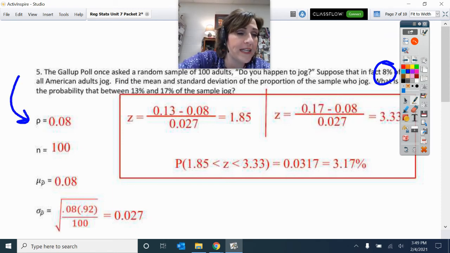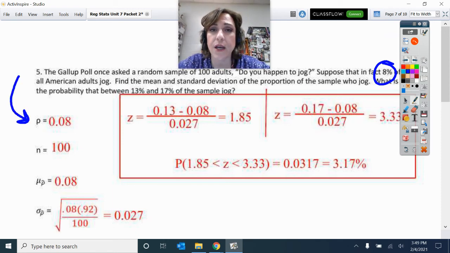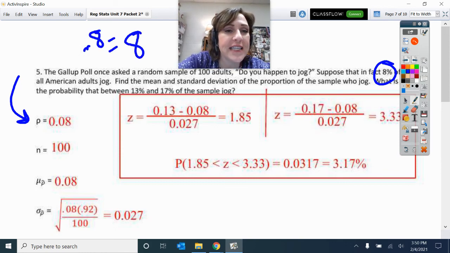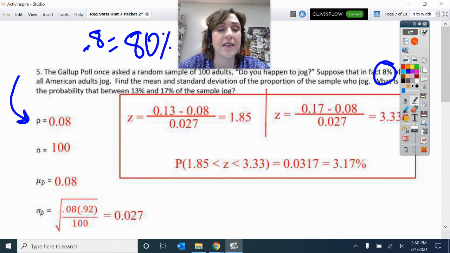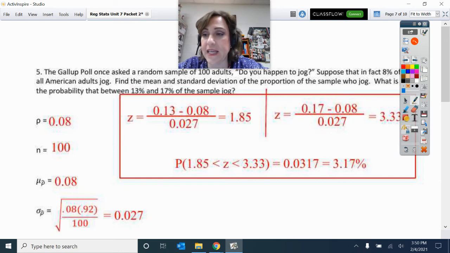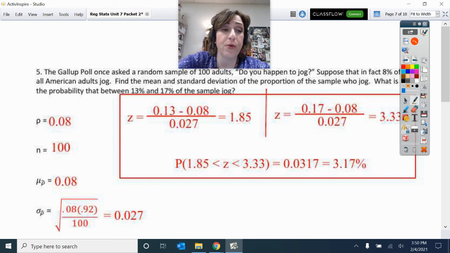Therefore, this is 0.08, not 0.8. So watch that. Do not put 0.8 there. 0.8 is 80%, not 0.08. Then the interesting question, what is the probability?